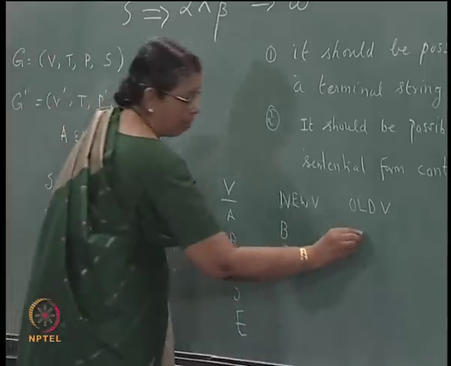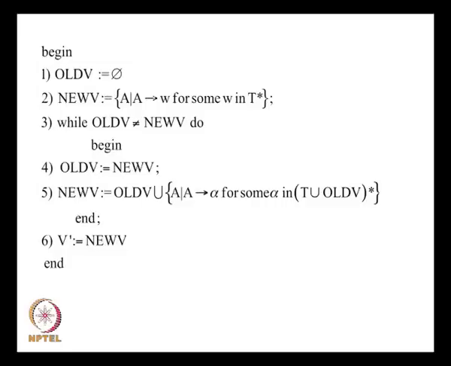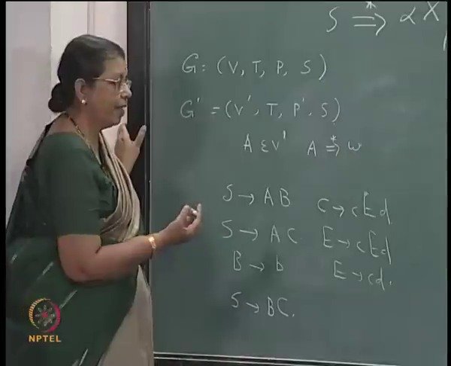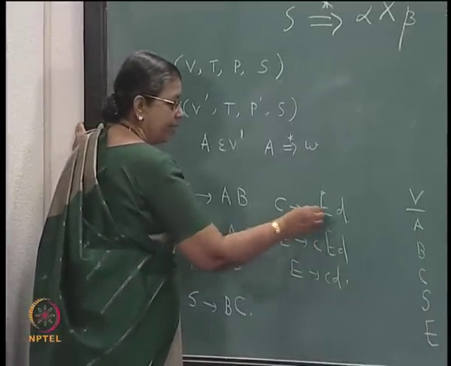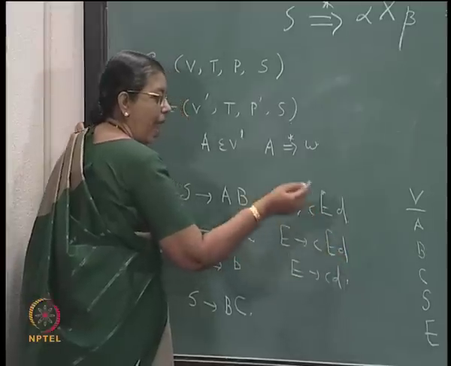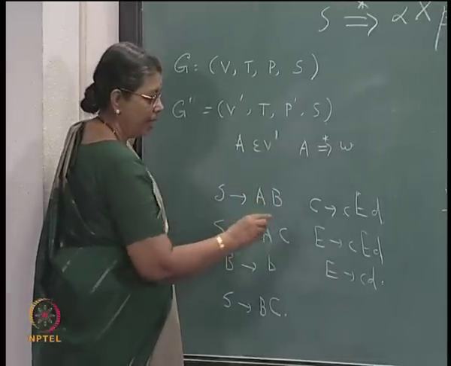So, B, and new V is what you already have, and what symbols are you going to add? If the right hand side consists of terminal symbols and B or E, then you will include the left hand side.